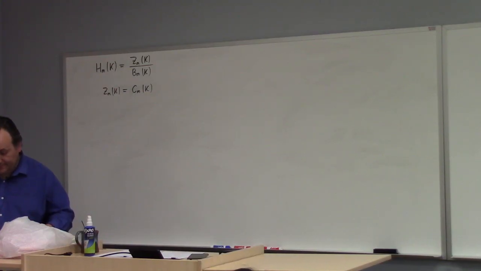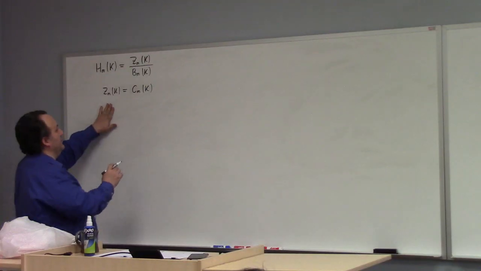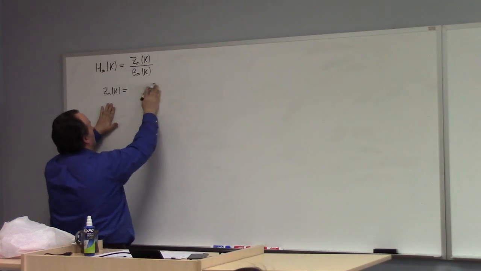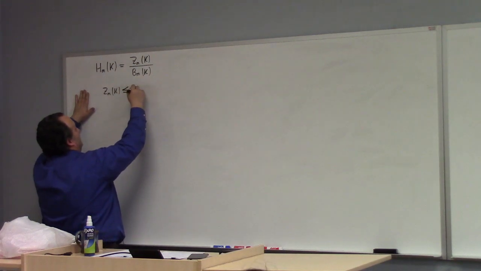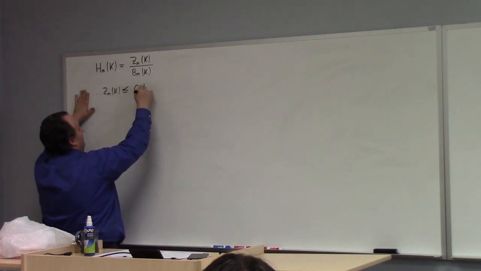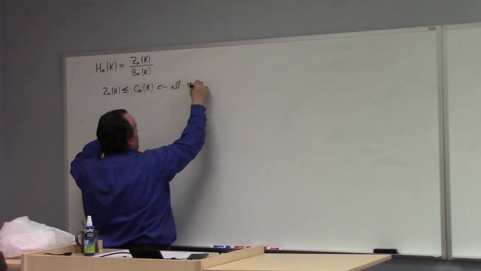And then an M chain with no boundary is an M cycle. So this is not true, they're not equal. Z_M(K) is a subspace of C_M(K). So this is all M chains.